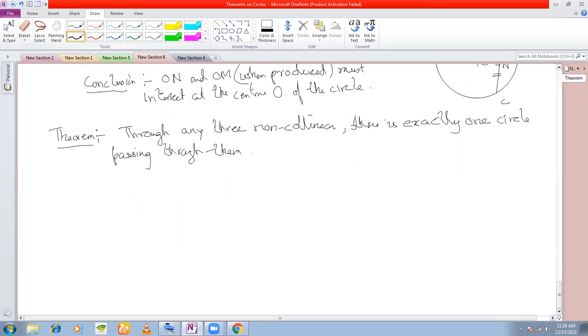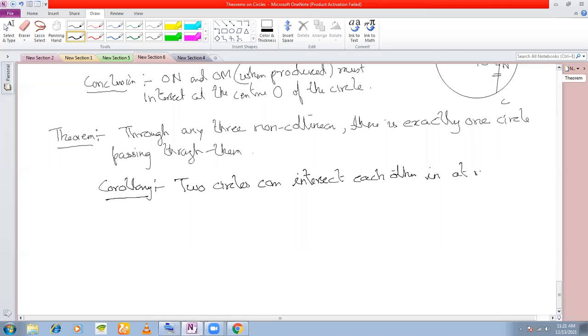A corollary to this theorem is that two circles can intersect each other in at most 2 points, right?